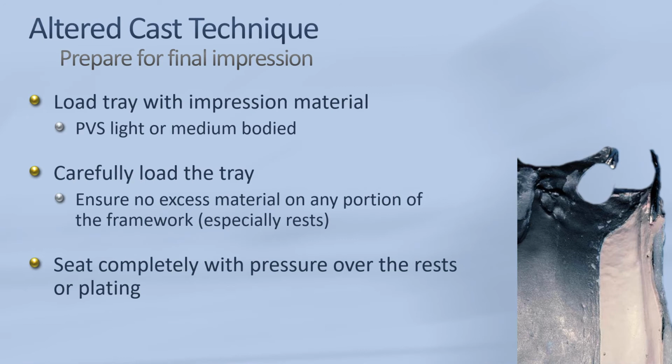It is important to be careful not to put any of the impression material on the major connector or under the rests. Otherwise, we could lift the framework off the teeth and the impression will not be as precise. If we were to use it to fabricate the denture, we will not be able to seat the framework fully.